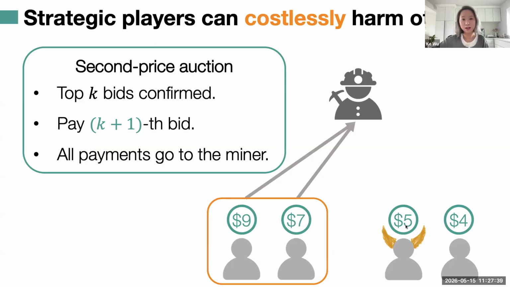I'm not getting into the block. My utility is 0. Since my utility is 0 anyway, but I'm unhappy about these two guys. I'm pretty jealous, so I just want to make them more unhappy. So instead of bidding 5, I'll just bid 6. My utility is still 0. This strategy does not change my utility, but now the two confirmed bids are harmed because they have to pay more compared to the honest behavior.